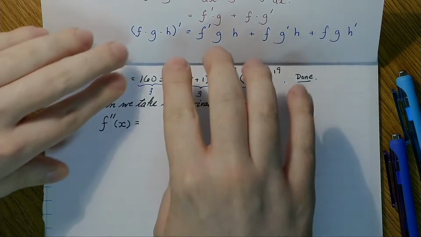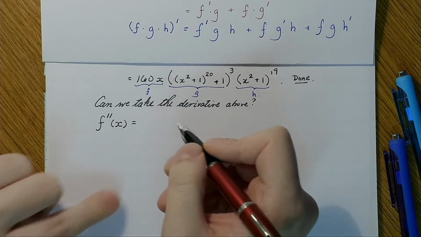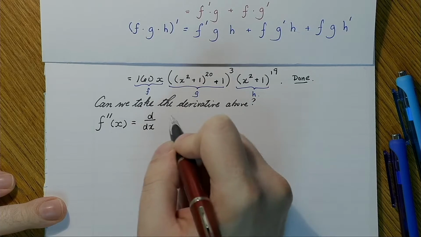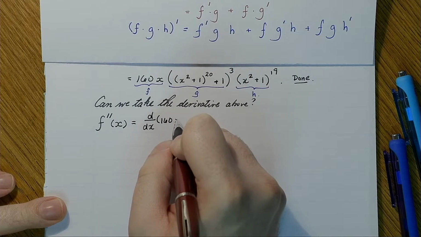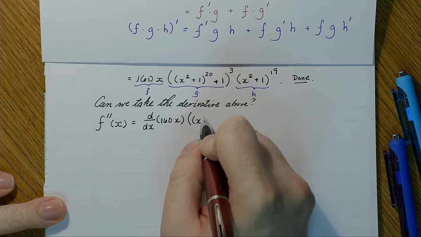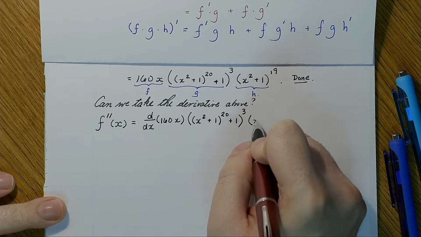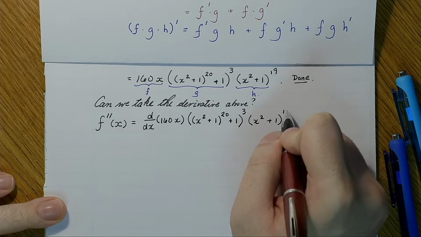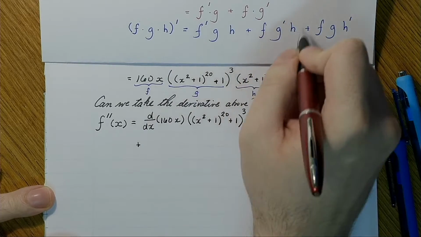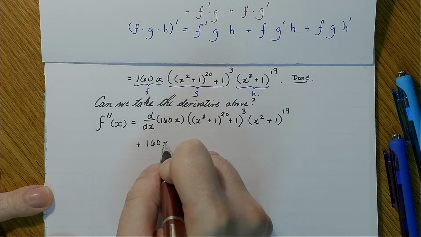Oh, I can do it like that. Perfect. So now that you can see, we're going to do the derivative of the first one. So it's d by dx of 160x, times g and h we don't touch. So just write that out again. Plus, then I'm going to do my second term, where I'm not going to touch the first function, 160x.